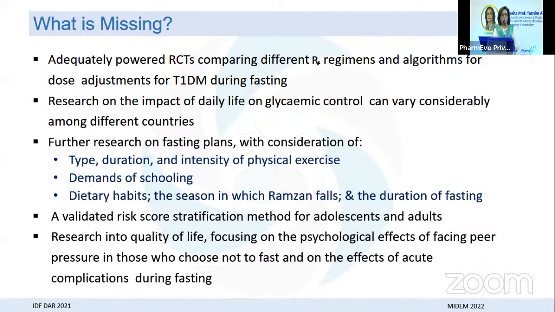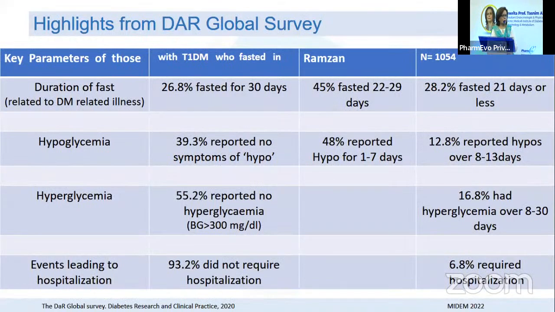So this is the global survey that Dr. Paris also alluded to. And in this global survey from 13 Muslim countries, a number of 1,054 subjects who were fasting, what they found was interesting results.